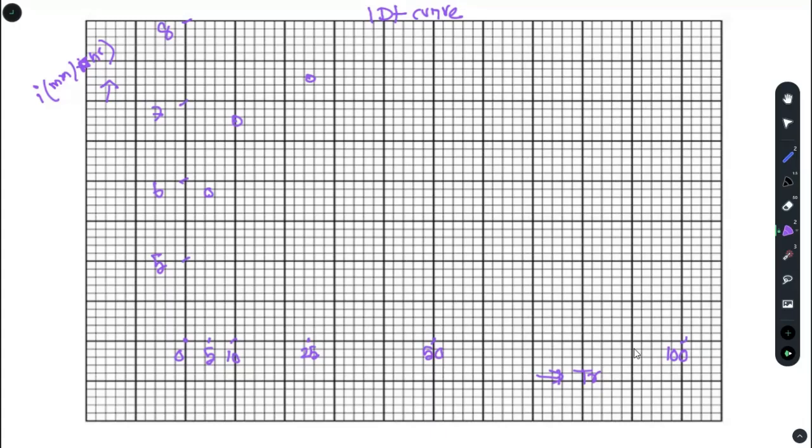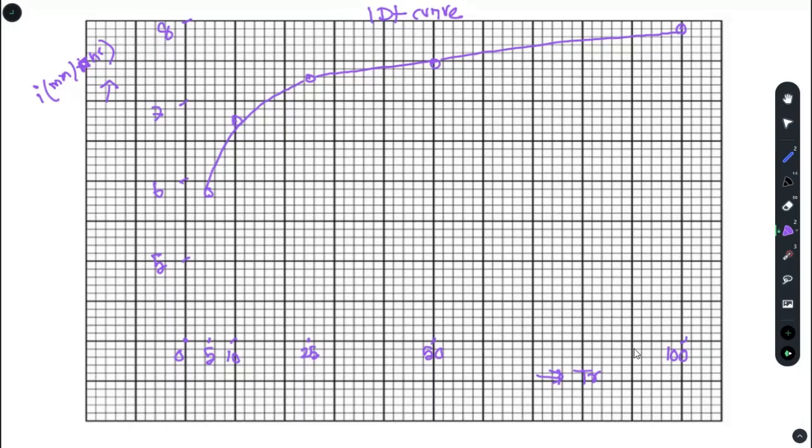For 50, the value is 7.46, just over here. And for 100, the value is 7.94, somewhere over here. So you can just draw it, and it will be like this. This is your IDF curve, and this is how you draw it.